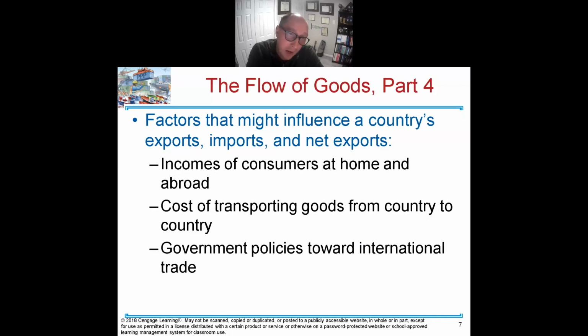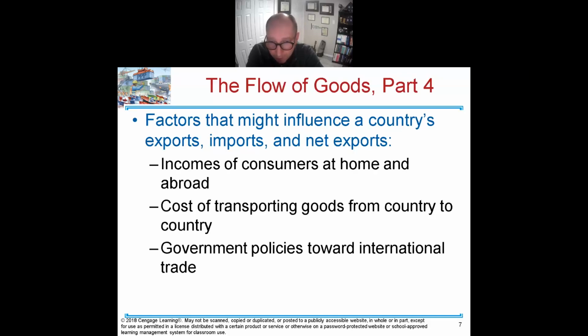Imports, exports, and net exports can also be influenced by things like changes in income. Changes in income, of course, will have changes on consumer behavior for goods and services. Cost of transportation from one country to another. As we see a rise in the price of diesel fuel in the United States and across the world, we expect that the cost of goods will increase because the goods need to go overseas.